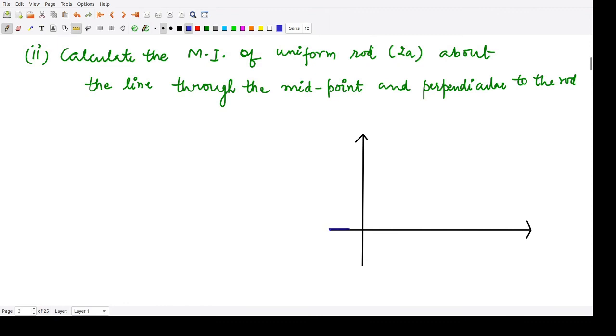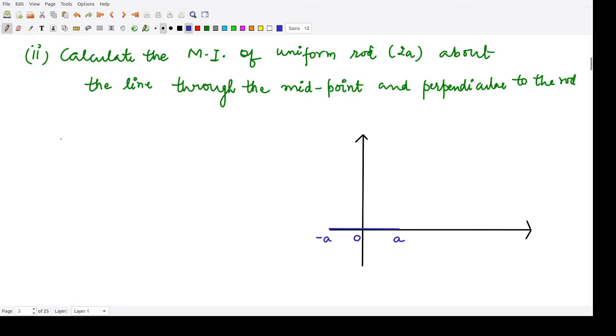So our rod would be something like this. Its total length is 2a. This point is O, this point would be a, this point would be minus a. So total length would be 2a in this case, and we have to calculate this moment of inertia about this perpendicular line which is passing through the midpoint of this rod.